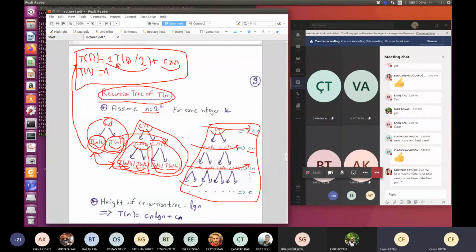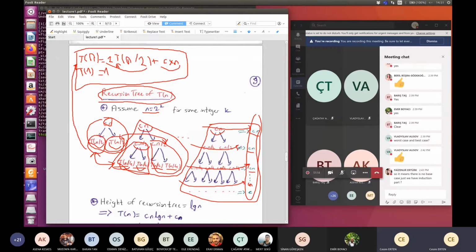You can imagine that if we continue this, in the next level, we will again have Cn. So, in this tree, we have many levels, and the sum of the terms at each level is simply Cn. Remember that my original goal is to sum up all the terms in this tree, which means that I need to sum up all these Cn's. How many Cn's do I have in this recursion tree?